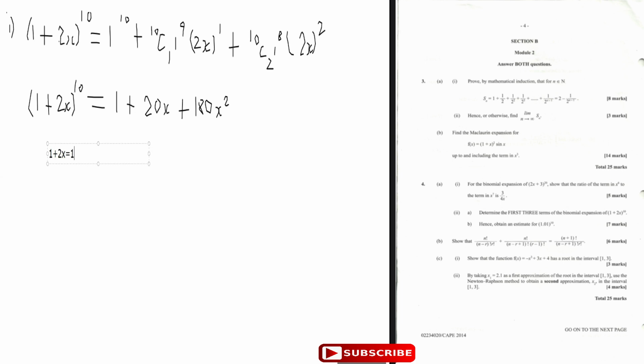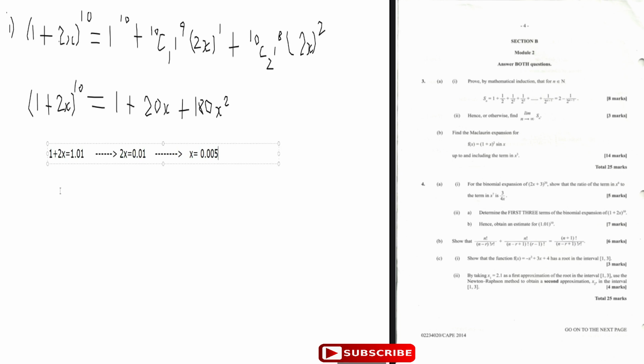And so in reality, we're saying that 2x is equal to 0.01, so x is equal to 0.01 divided by 2. That looks like 0.005. That's what we're saying is x.